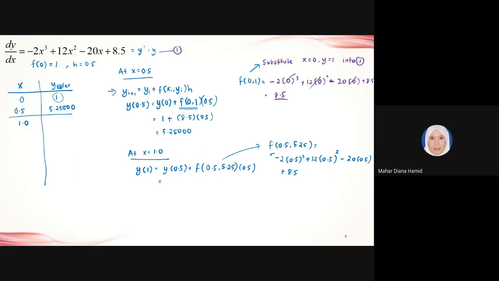So we need to calculate that. If we substitute everything, 5.25 plus the value here that we get, times 0.5, we will get around 5.8750. So this is for x equals 1.